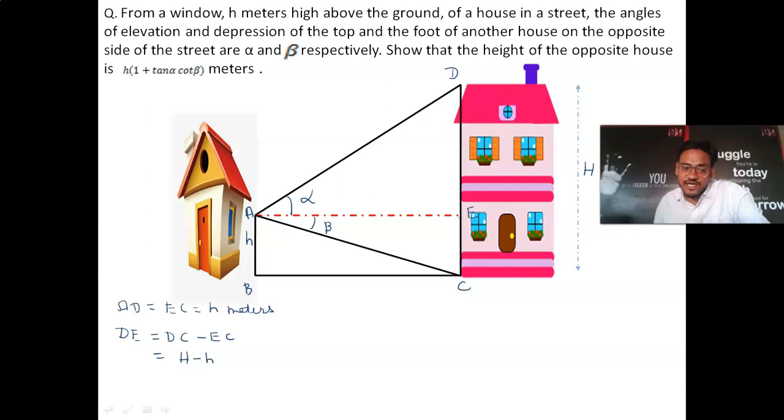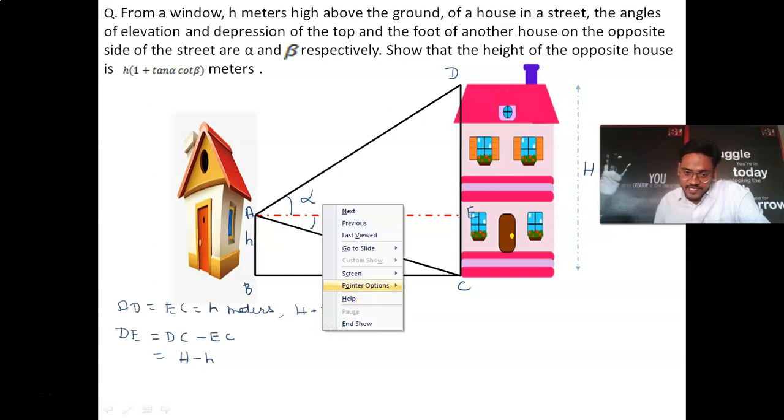You can also write that capital H represents the height of the opposite house. Let me write: required height of house opposite.